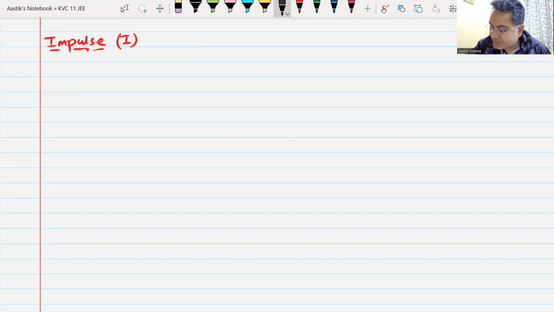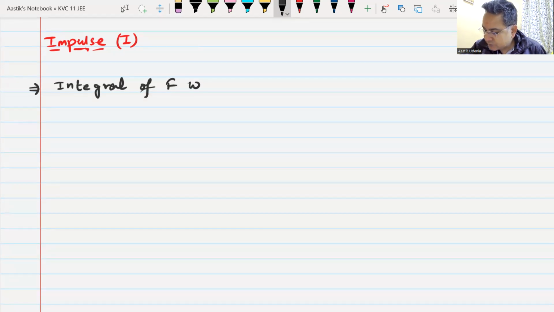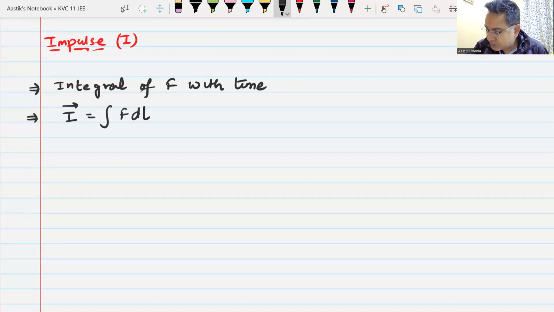Impulse is defined as the integral of force with time. You integrate force with time, you get impulse. Impulse vector is the integral of F dt.